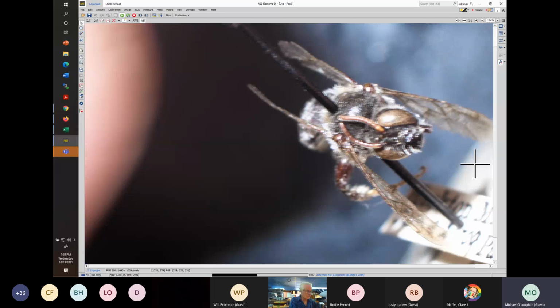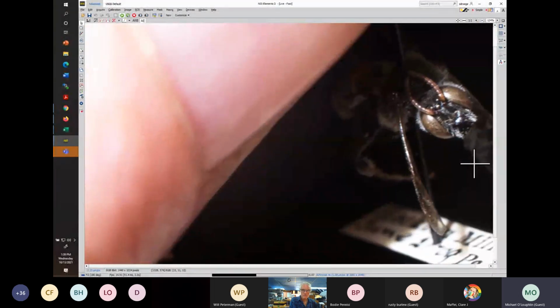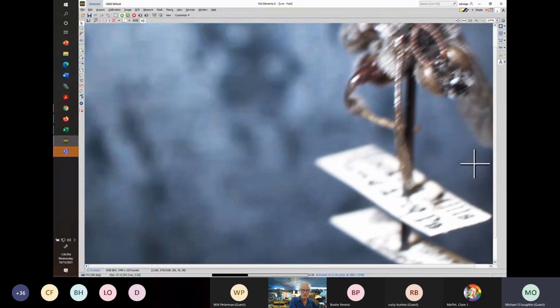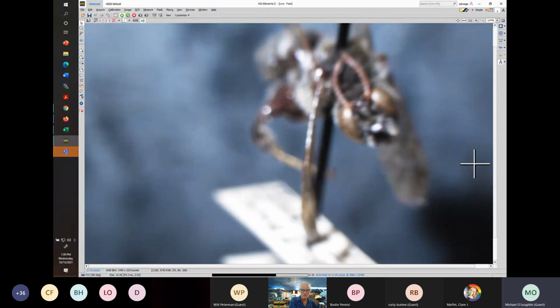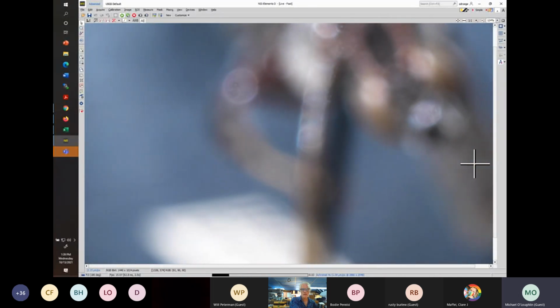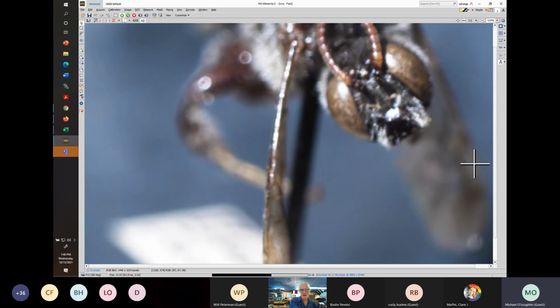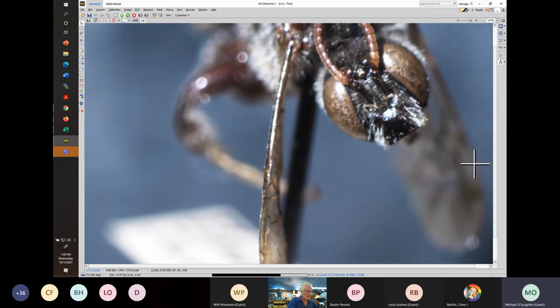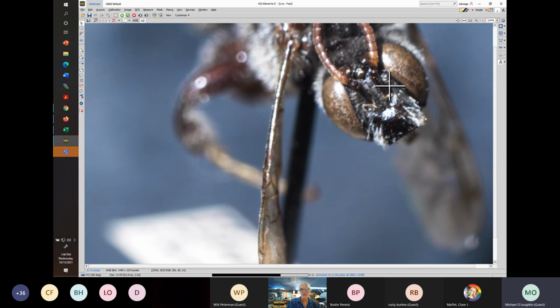Let's look at the eye thing first. So this is probably the most distinctive thing about Epeoloides. Most bees in very general ways either have the eye edges of the compound eyes here and here parallel to one another, or they converge towards the top here, or diverge towards the top, converge towards the bottom.